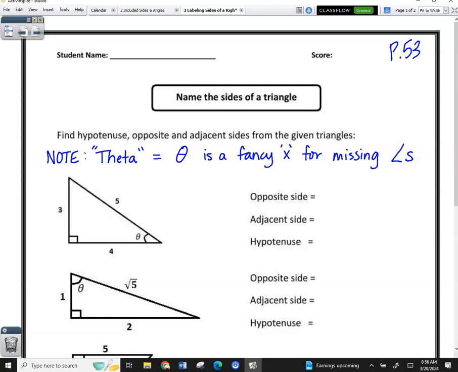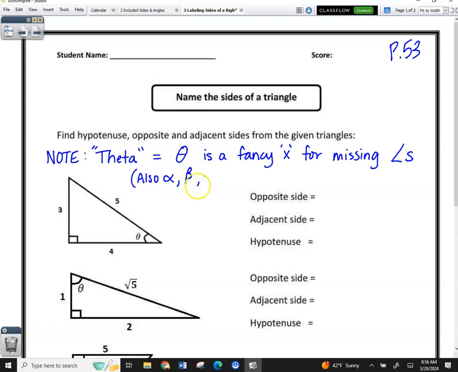It's the same thing as if I used an X. I'm saying we don't know the measure, but because it's referring to an angle, they take it from X and change it to theta. And there's actually some more. You don't have to write these. I'm just going to make a note. There's also alpha, beta, which is the easiest one. It looks like a capital B with a tail.